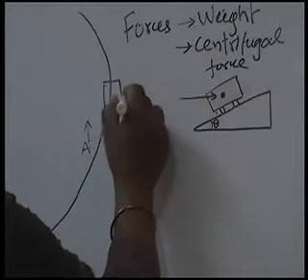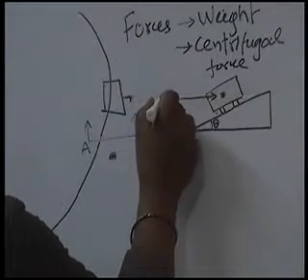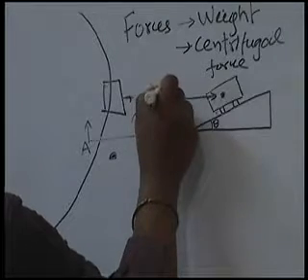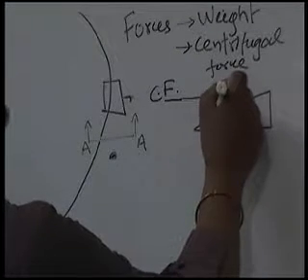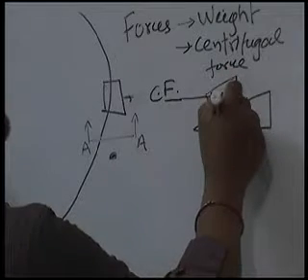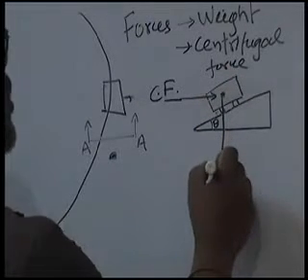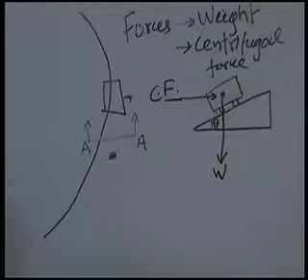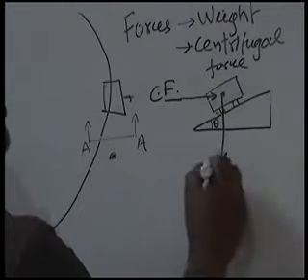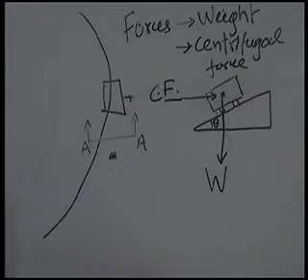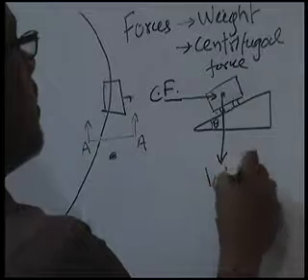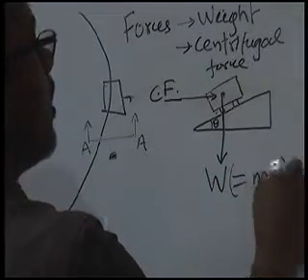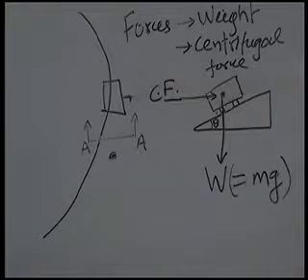And this is the weight, W. W is equal to mg, where m is the mass of the vehicle and g is the gravitational acceleration.